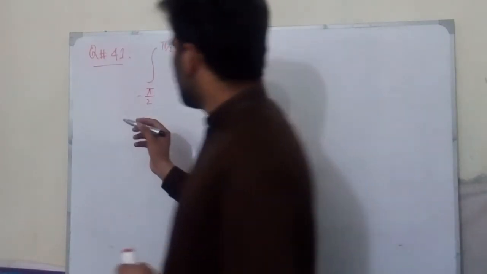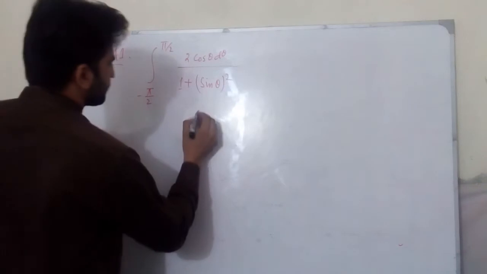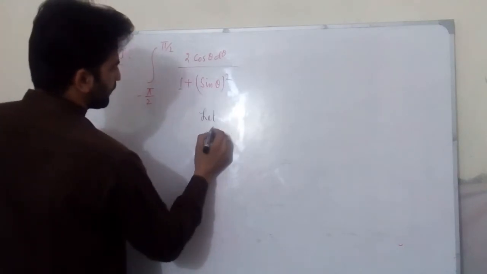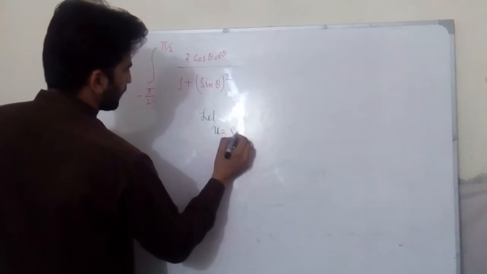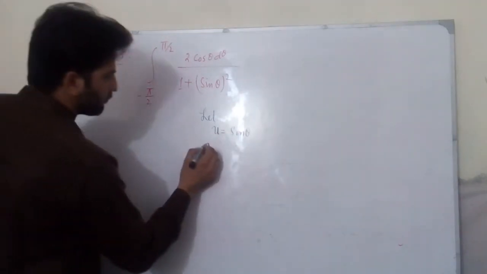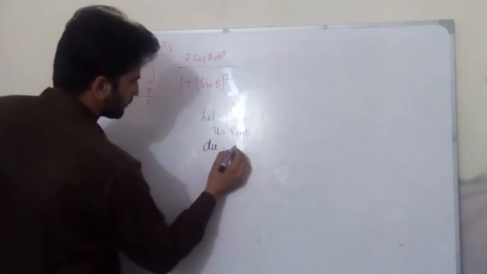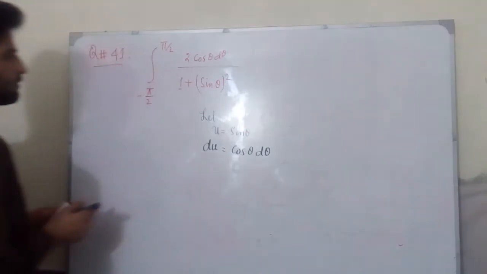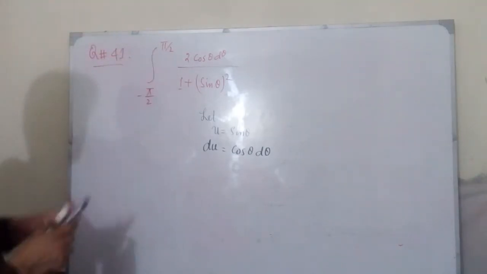If we take it like this, let u equal sine theta, and du equals cos theta d theta. So put the value in this.